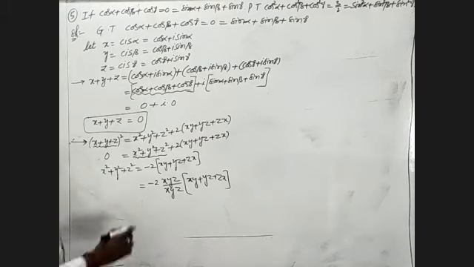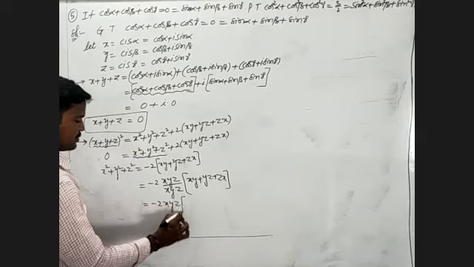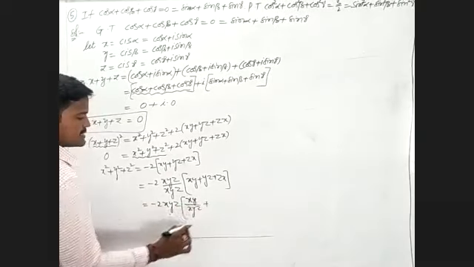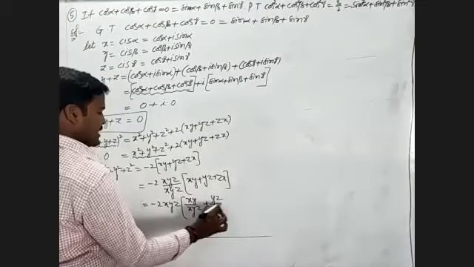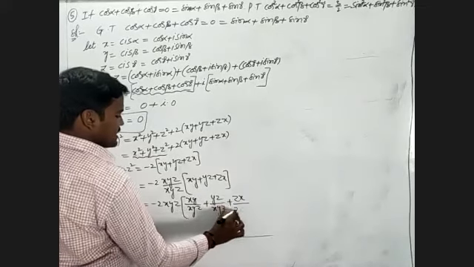This value goes to the other side, so I will write minus 2 xyz into (xy by xyz + yz by xyz + zx by xyz).